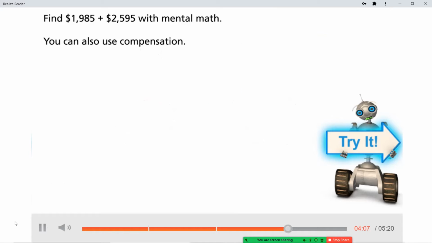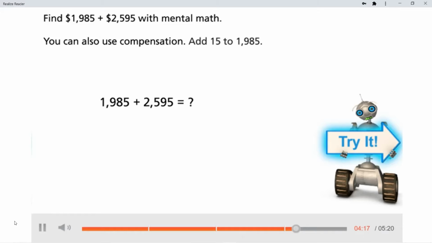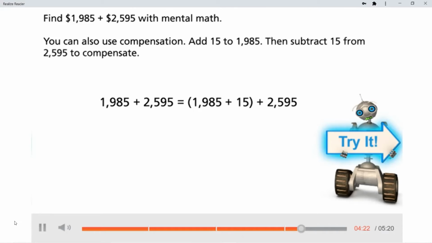You can also use compensation. 1,985 plus 2,595 equals. Add 15 to 1,985. Then subtract 15 from 2,595 to compensate. 1,985 plus 2,595 equals 1,985 plus 15 plus 2,595 minus 15.